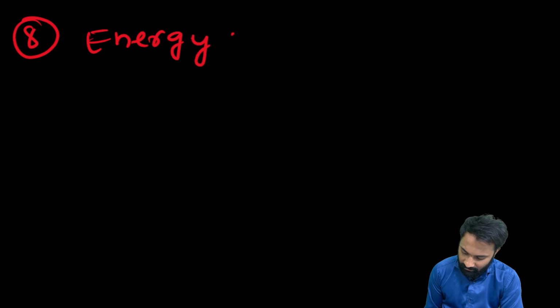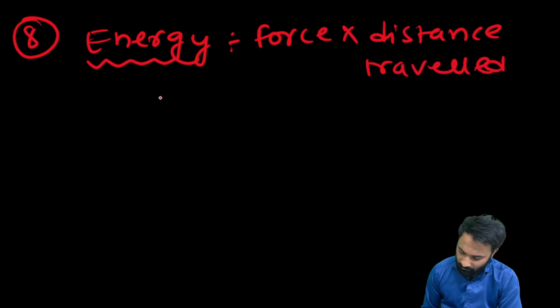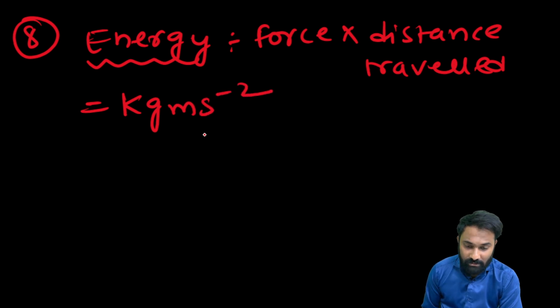Next, the eighth we are having is energy. What is the energy? Energy is equal to force into distance traveled. What is the force unit? Force is kg meter second inverse square, into distance traveled, which will be the meter.